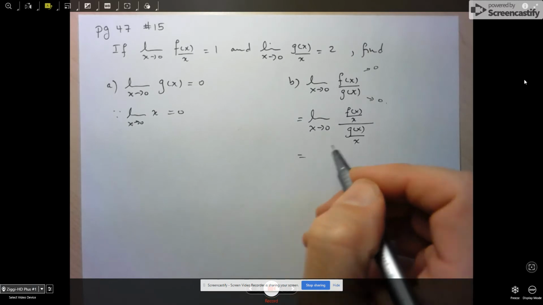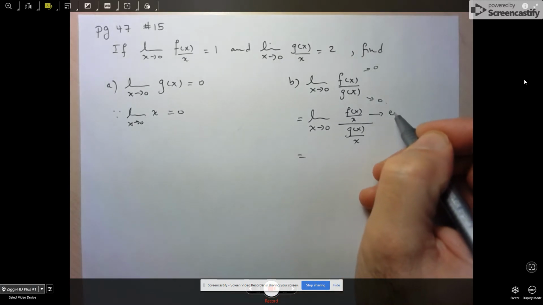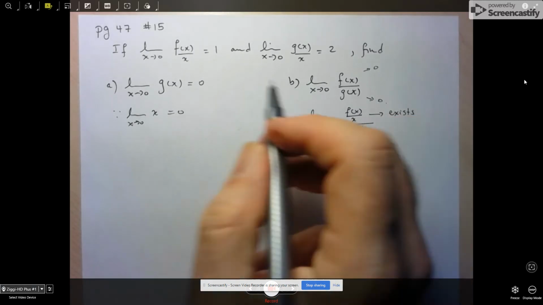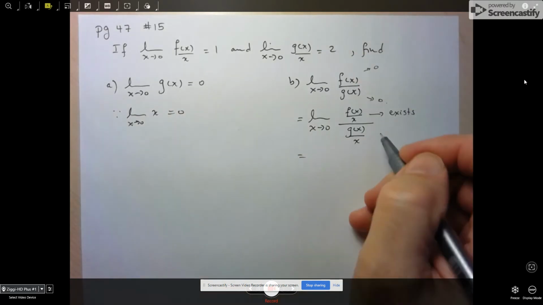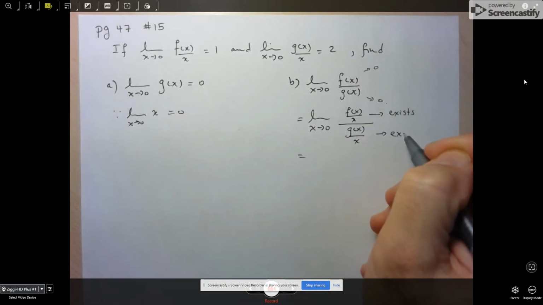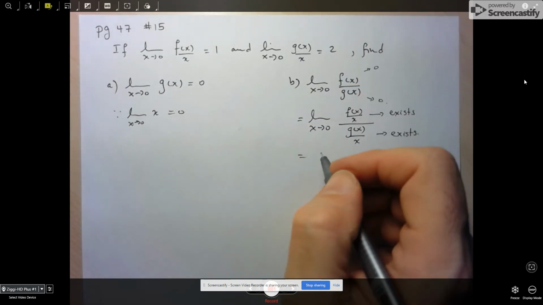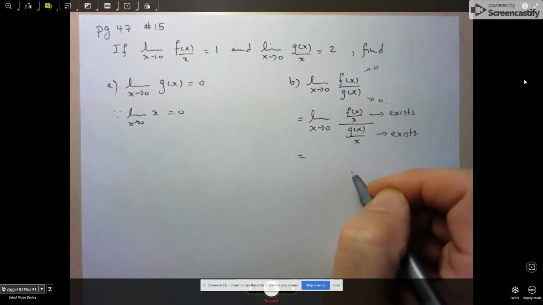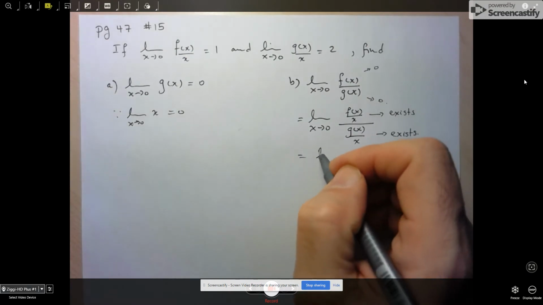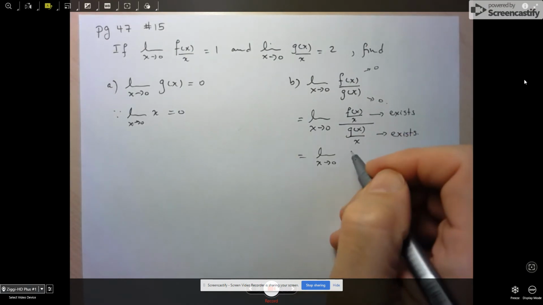But now I know this limit exists based on the information they give me. It's equal to 1. And I know that this limit exists based on the information they give me because it's equal to 2. So that means that I can apply my limit properties and split this up into two different limits.